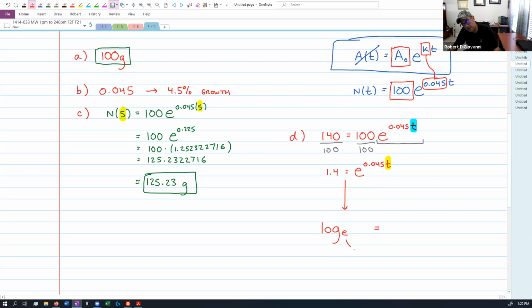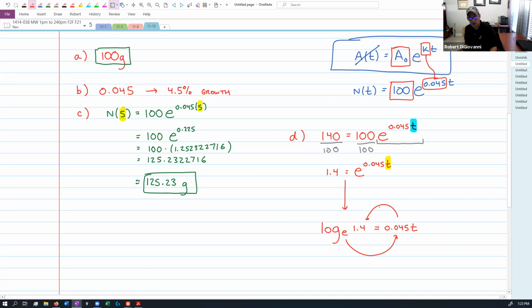Now we need to think about the loop. The loop should match this equation. So we're taking E and raising it to the 0.045 t, and that must equal 1.4. So we go from the exponential equation and convert it to the log equation.